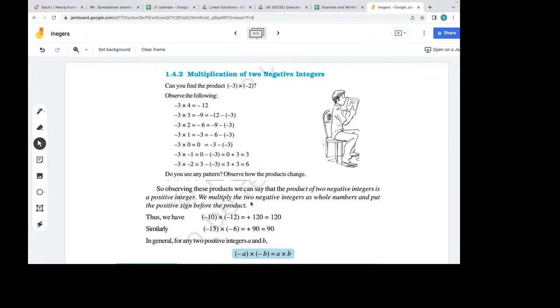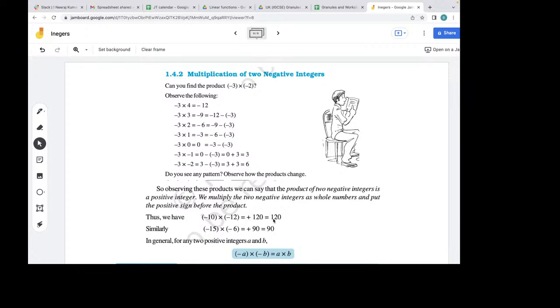Okay, we multiply the two negative integers as whole numbers and put the positive sign before the product. For example, minus 10 multiplied by minus 12 is equal to 120. And we have put a positive sign in front of that, and it doesn't make any difference if you write this or not.